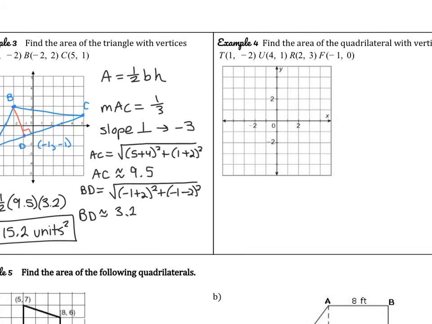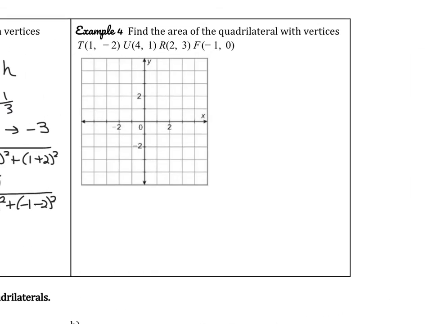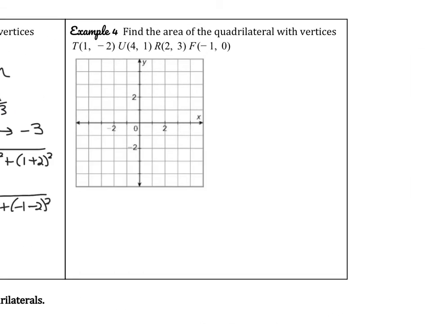Okay, let's move on to example 4. Here we are asked to find the area of the quadrilateral with vertices T at 1, -2, U at 4, 1, R at 2, 3, and F at -1, 0.